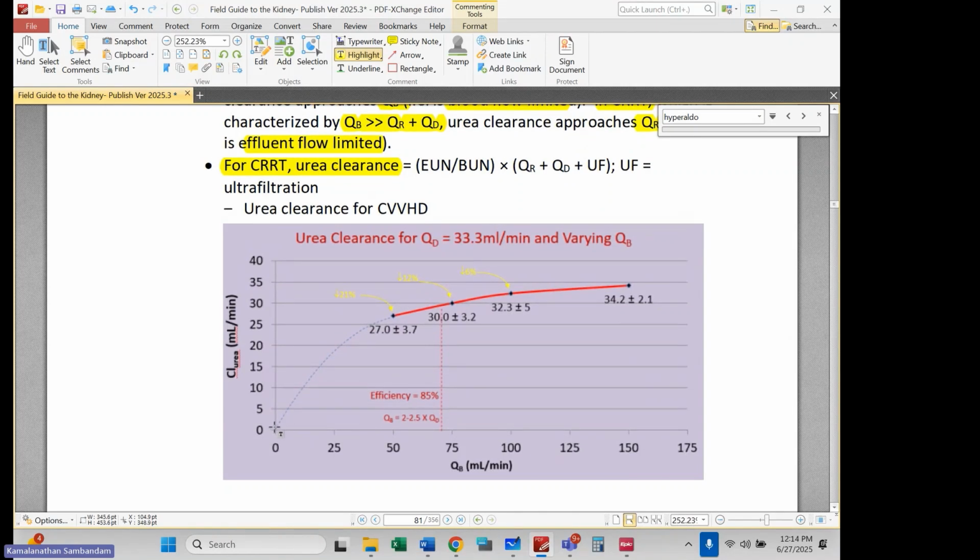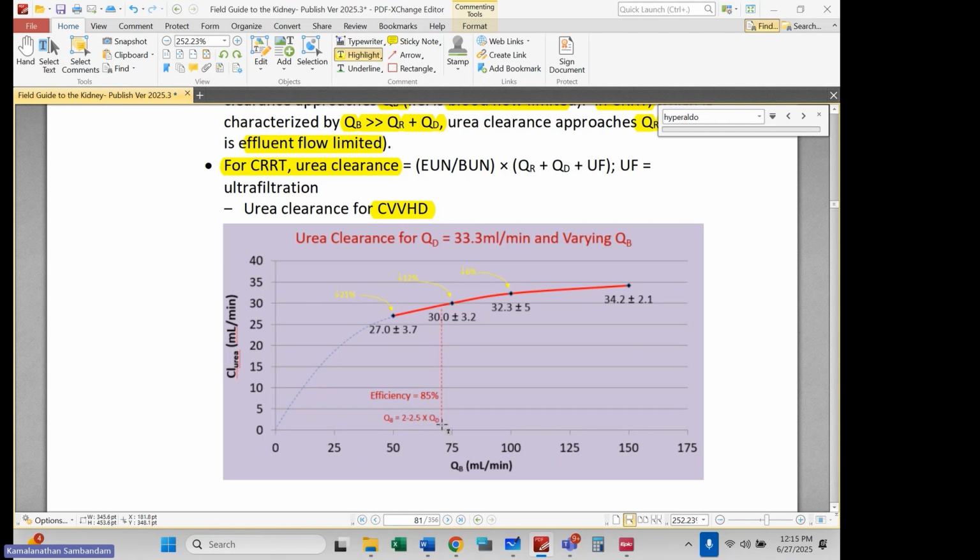You can see that as I crank up my blood flow rate, I get a progressive increase in urea clearance. But the point I want to make is that as you keep going beyond a certain blood flow rate, and I should reinforce, this is just for hemodialysis, if I increase my blood flow rate beyond about 2 to 2.5 times my dialysate flow rate, in this case 33 mils per minute, you can see a blood flow rate of 2 times that would be somewhere around here, 66 mils per minute.